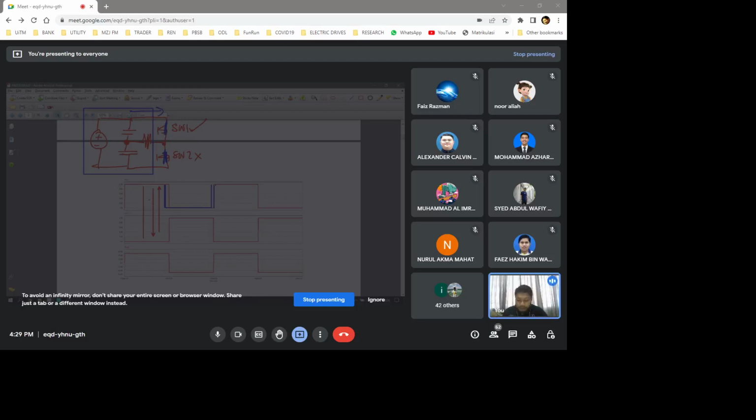But normally in theory we just show this, and we understand that switch 1 and switch 2 cannot be turned on at the same time. Whenever switch 1 is on, switch 2 is off, and the angle is always 0, 180 degree, 360 degree. When switch 1 is off, switch 2 is on.